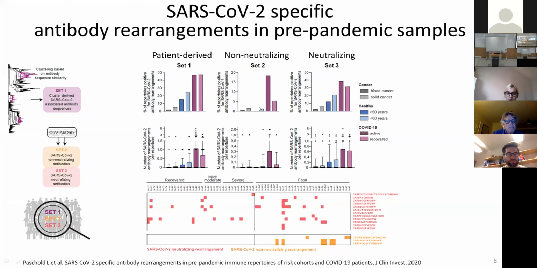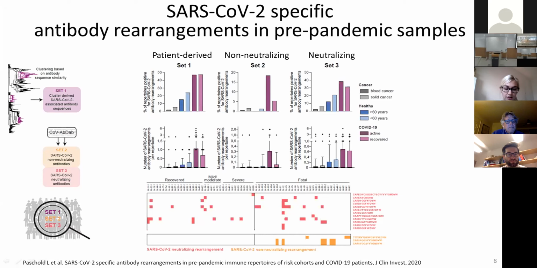So we looked closer into the non-neutralizing sequences, and we took all of the sequences which we found in at least one COVID repertoire, and so these are the neutralizing sequences per repertoire, and you see that they are found in both fatal and non-fatal mild disease courses, while the non-neutralizing sequences, they are exclusively found for fatal disease courses.